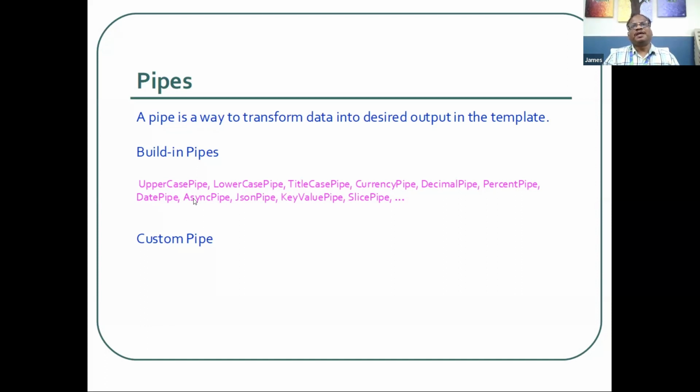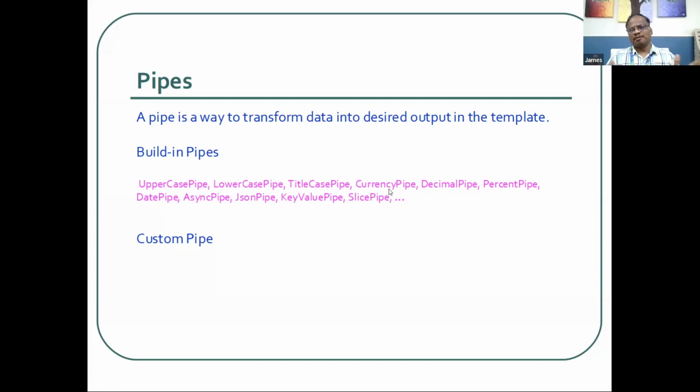So we have two kinds of pipes. One is the built-in. Already by default, Angular has many pipes available. A few pipes we will use often: changing the case from normal case to uppercase, lowercase, title case, and sometimes the currency.